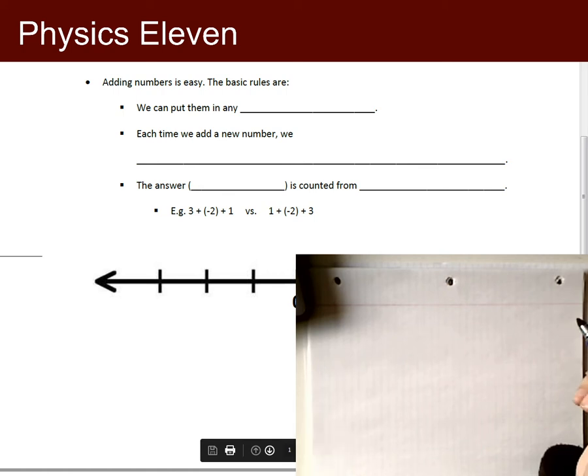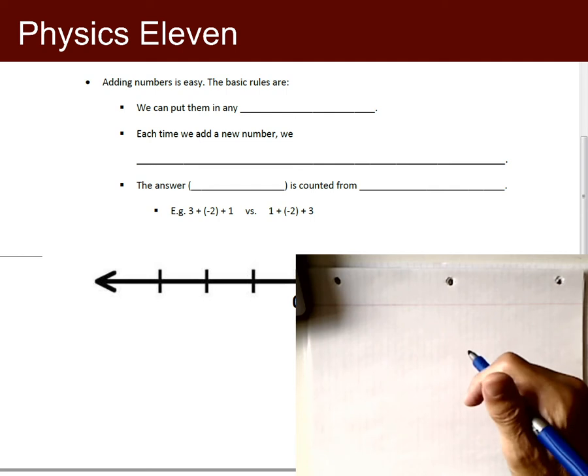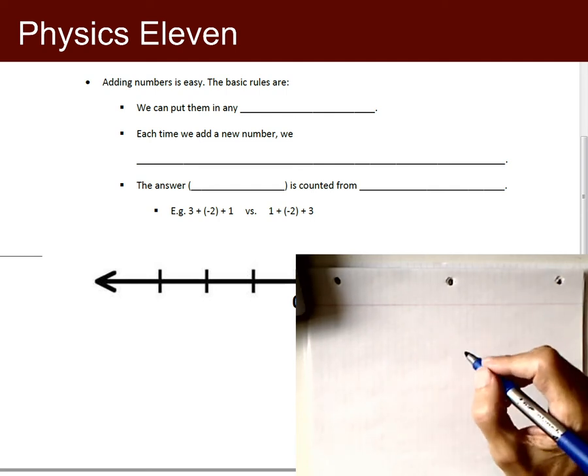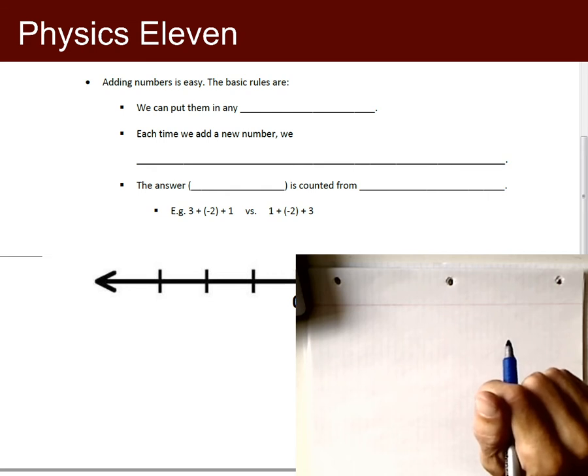And we're going to start by first adding numbers, just to remind you how they work with integers and such. And then we'll do it with vectors so that you can see it in action.